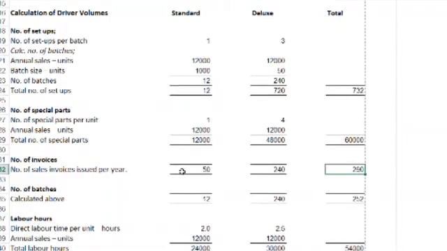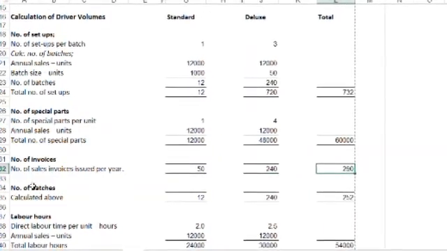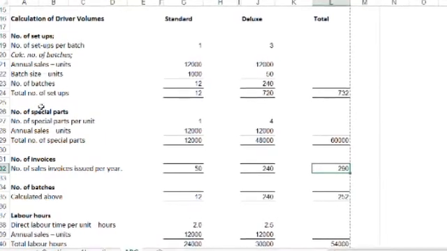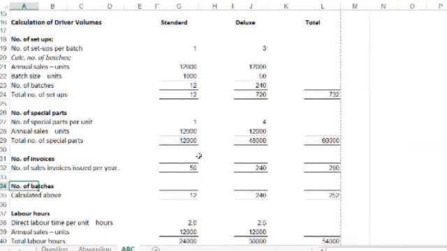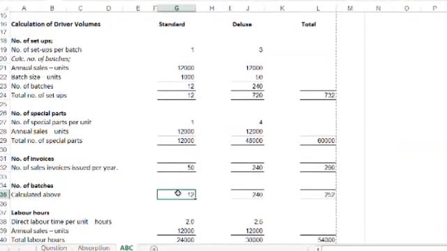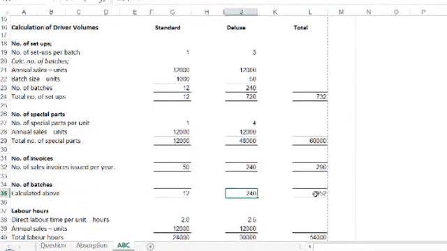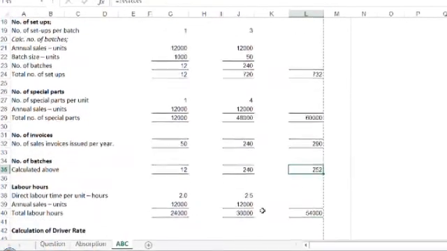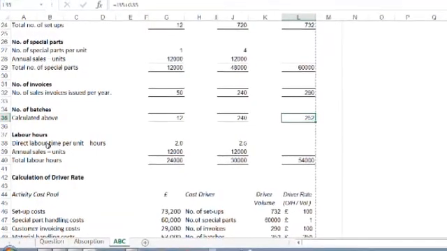If you add them, 50 plus 240, it's 290 in total. The number of batches we have already worked out above: 12 for standard and 240 for deluxe, so altogether 252.